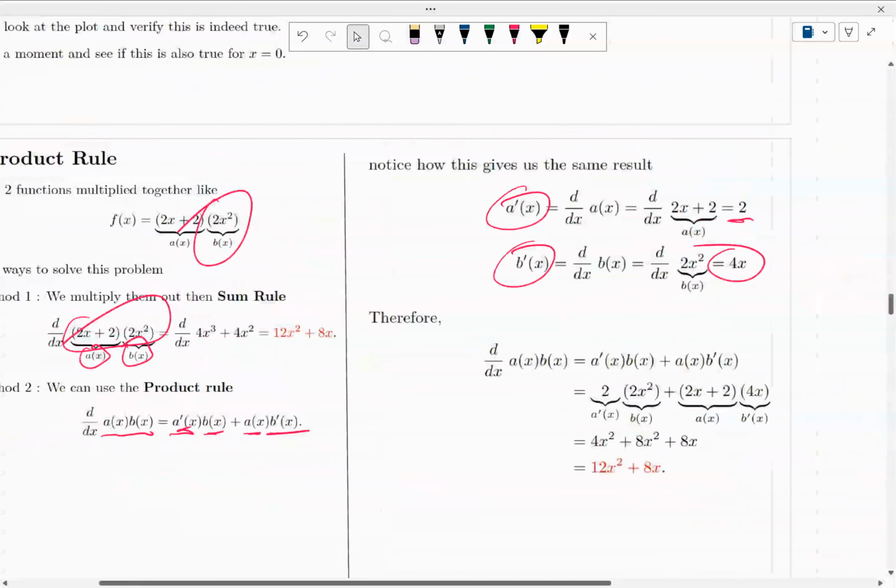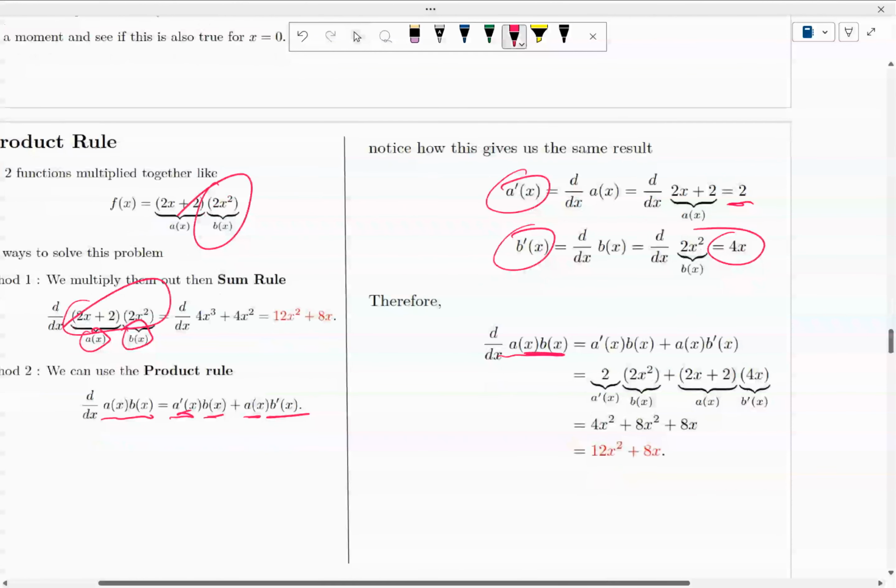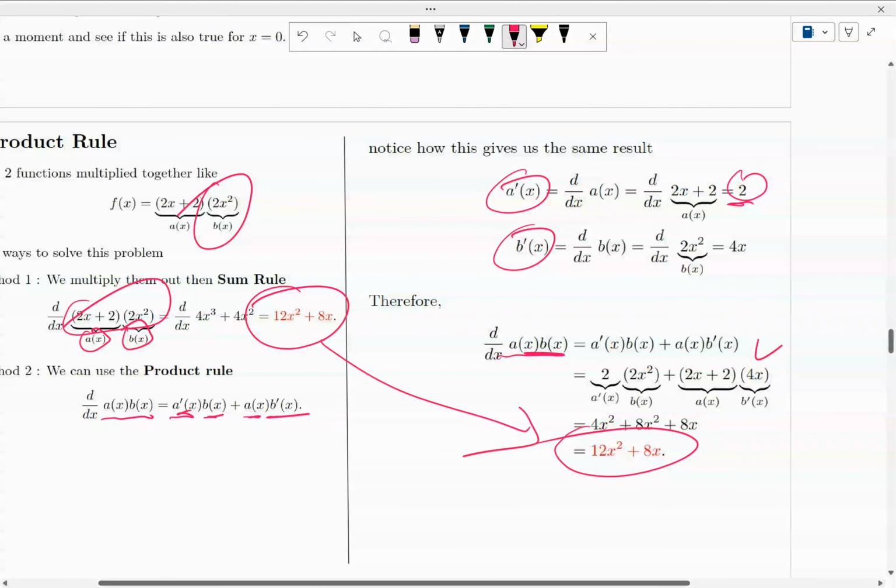Now, if we use the product rule, where you have a prime times b plus a times b prime, we just plug all of them in. A prime is right here, b, a, b prime. We plug them in, and voila, we have the result, which is exactly the same as if we had just multiplied them out in the first place. So whichever is easier, that's how you want to do it.